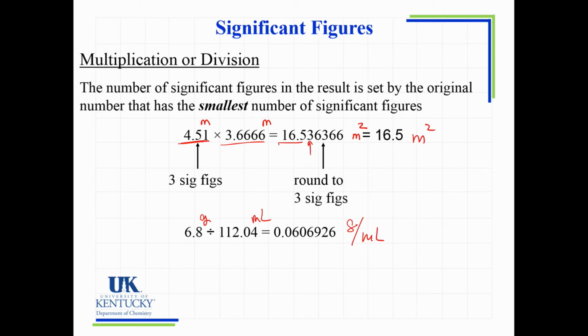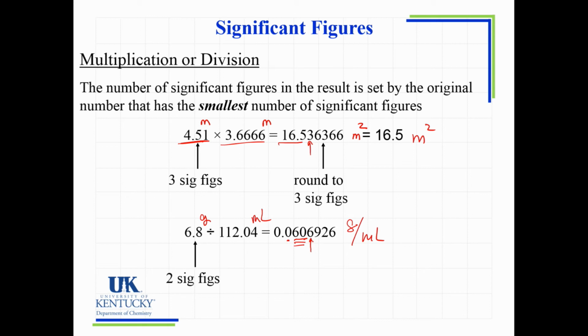Now we've got our calculation out there, and we know that we can't keep all those digits. We see that the 6.8 has only 2 significant figures and the other one has 5, so we can only keep 2. We have to be really careful which 2 we're going to keep. This one is not significant, but this one is significant, and this one's significant, and those are the 2 we want to keep.